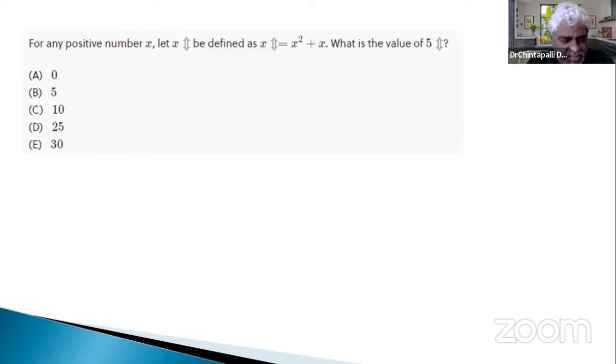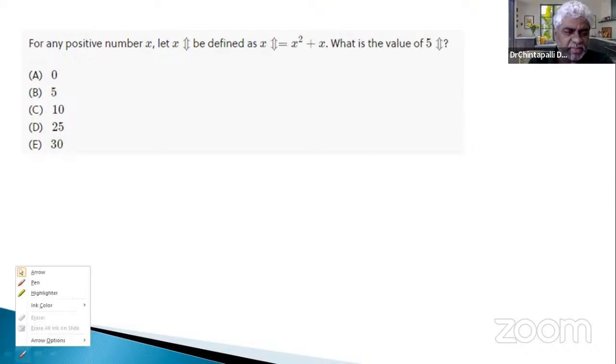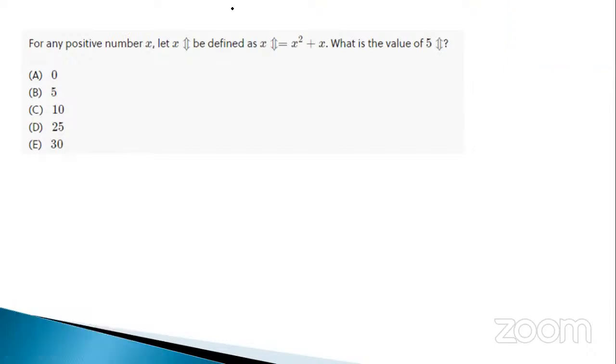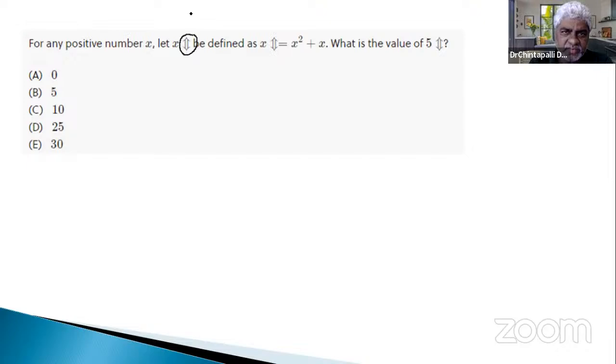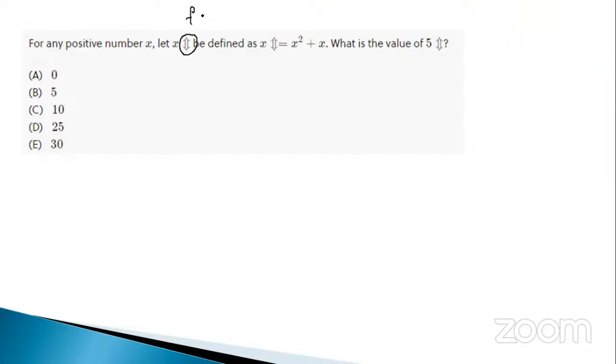No, it is not from that book. It is some other book. Actually, don't be confused. There are some questions in SAT also, previous questions. We know what is f of x. We use the symbol f of x like that.